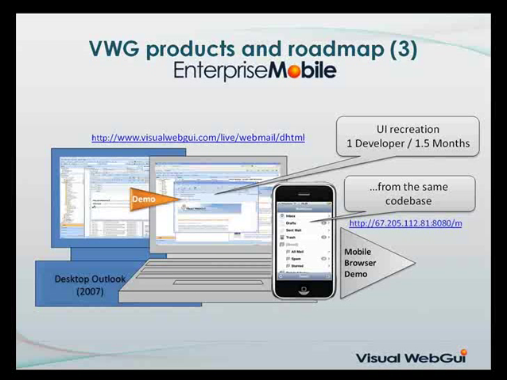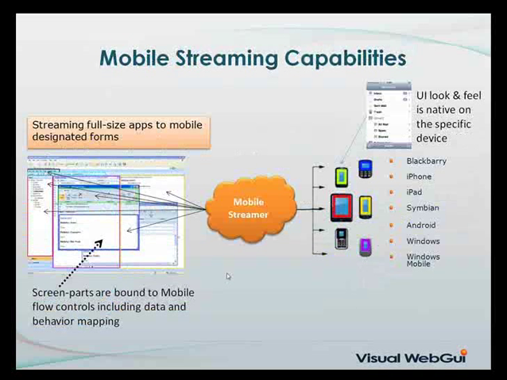We defined the mobile stream, which is basically the transitions. We defined the form factors, which is the size of each of the forms, depending on the controls or the device. And all these are supported in this demo. The mobile streaming capabilities are the way you bind the form parts to the mobile flow control, and thus you can enable the whole effect.